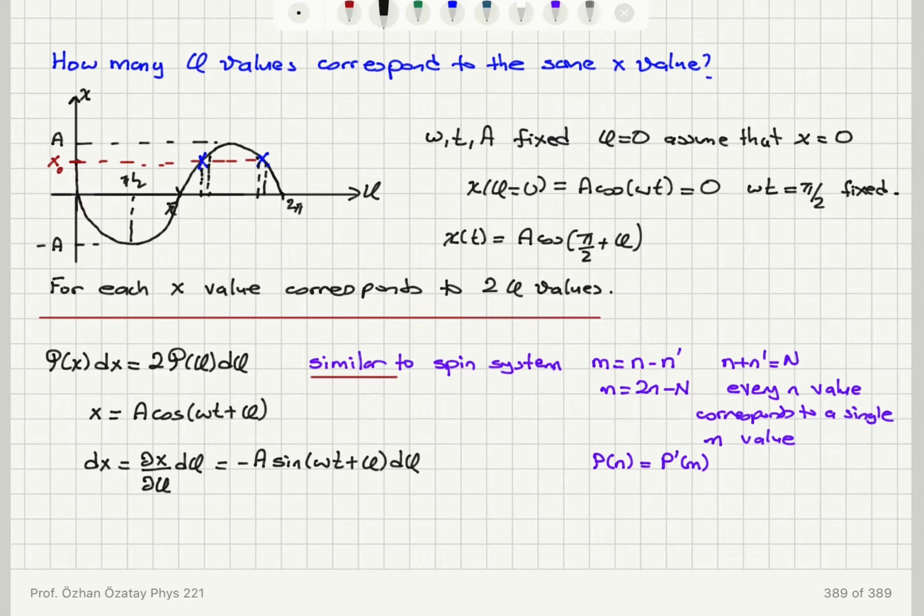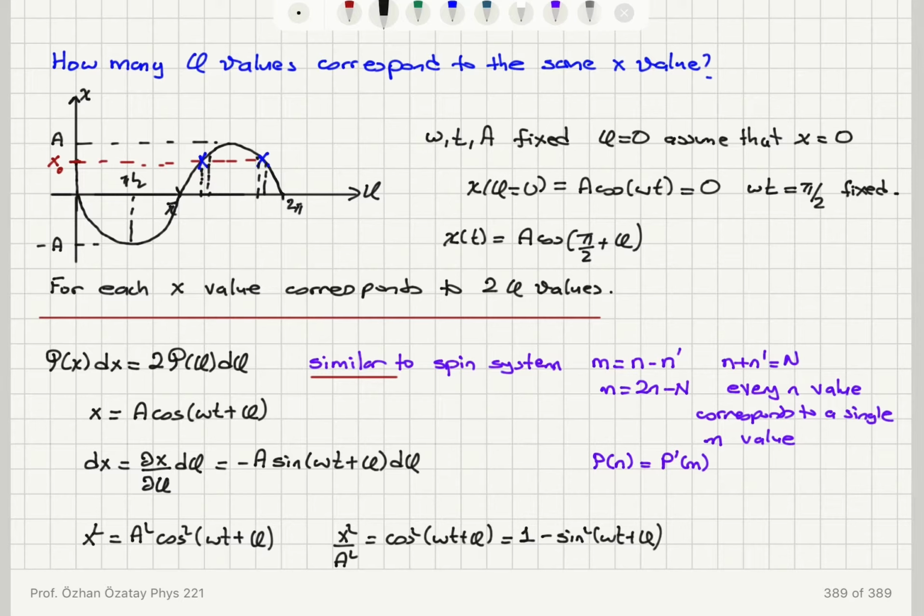And since I want to write it in terms of x here, I also noticed that x square is equal to a square cosine square omega t plus phi. Therefore, x square over a square is cosine square omega t plus phi, which is 1 minus sine square omega t plus phi.